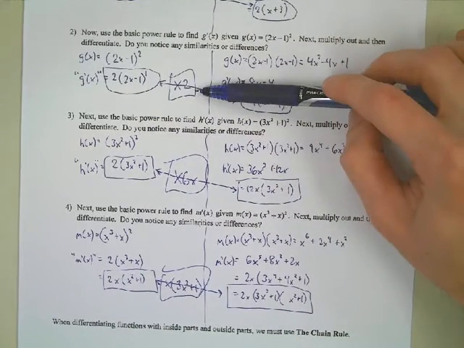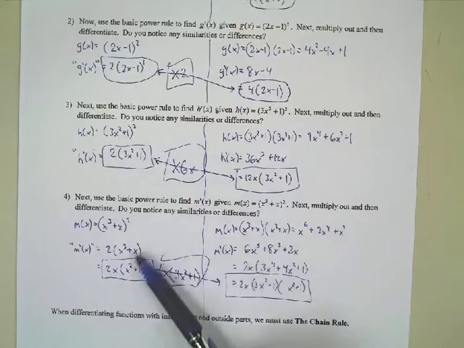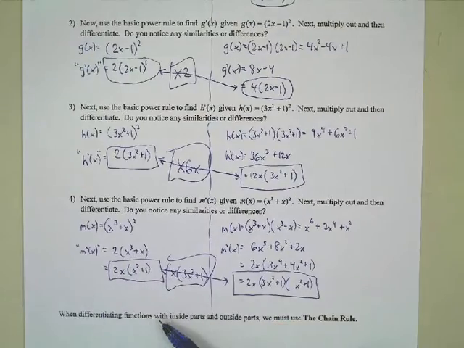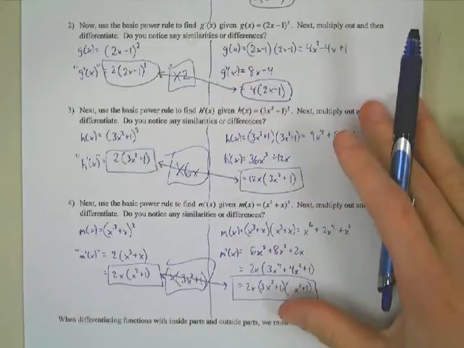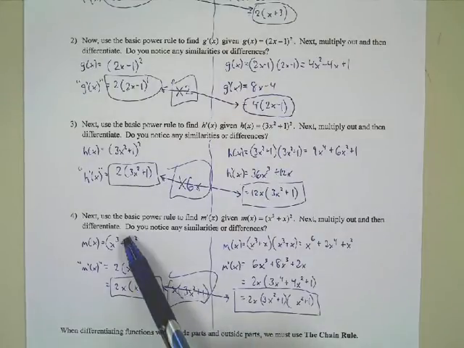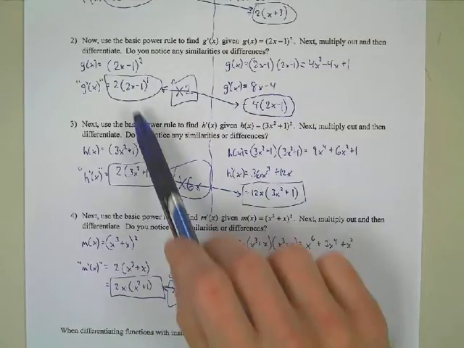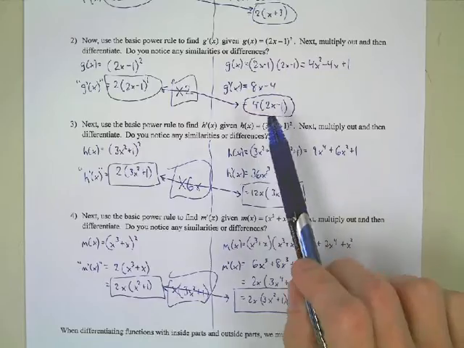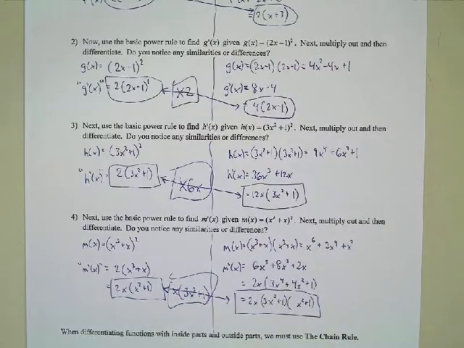Is the derivative of x cubed plus x, what's that? 3x squared plus 1, which is the thing we're missing. So it looks like the only thing we're missing here is that we're forgetting to multiply by the derivative of the thing inside the parentheses, and that would then yield the correct derivative without having to FOIL out ahead of time. Okay, so that's the whole point here. Without having to FOIL, we can actually take the derivative of this thing.